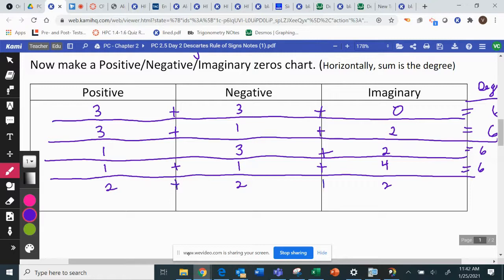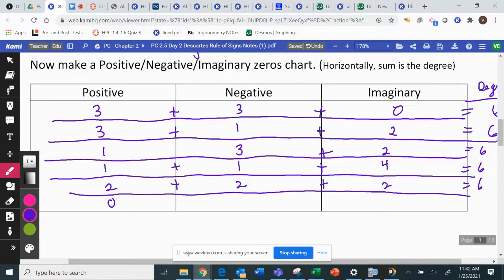That'd work, right? That equals 6. My imaginaries have to be even. That works. Nico? Say it, 6 imaginary? Yeah. So what would be my all the way across? Yep, we could have that. I think that might be it.